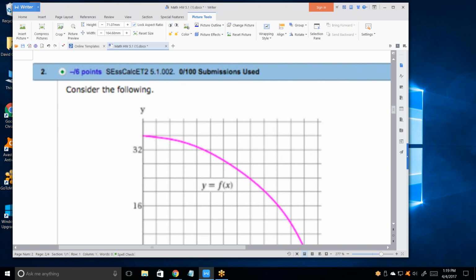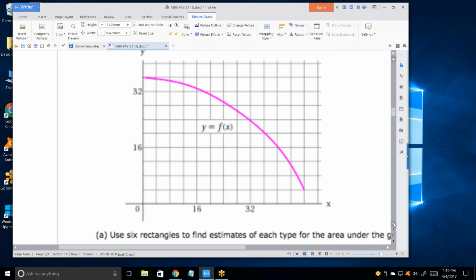Okay. Consider the following. Use 6 rectangles, but they will not let up on these rectangles, huh? Use 6 rectangles to find estimates of each type for the area under the curve.